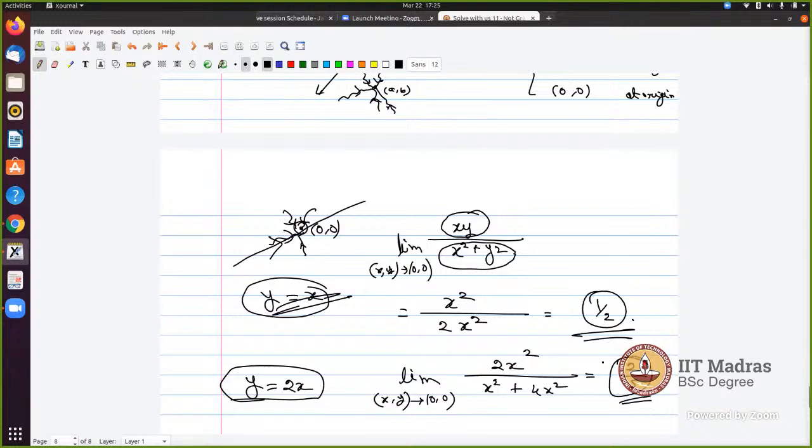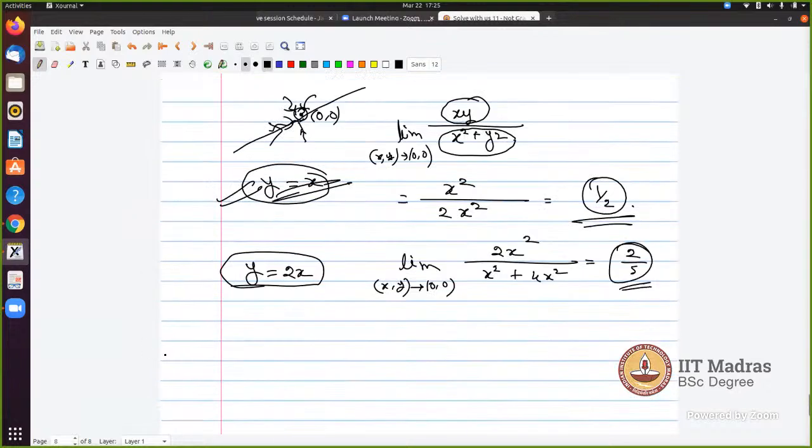So when we are approaching via y equal to x, we are getting half. But when we are approaching via y equal to 2x, we are getting 2 by 5. So the limiting value is not unique for these two straight lines. So what can we conclude? We can conclude that the limit does not exist at (0, 0).